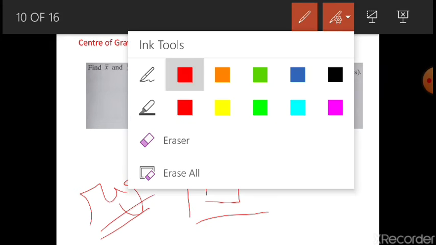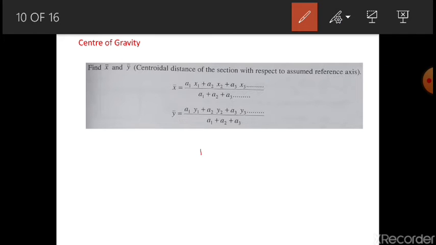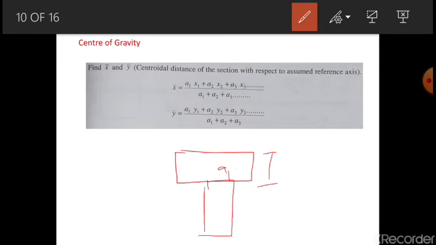If it is a built up section like this, connected here like a T, where this is your A1 and this is your A2, right?